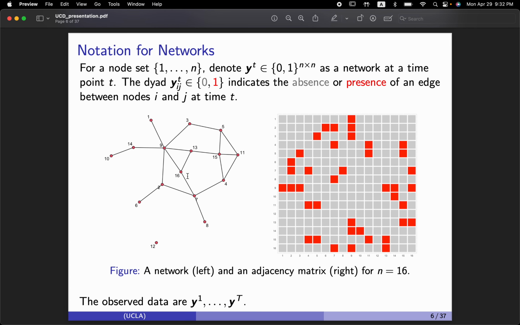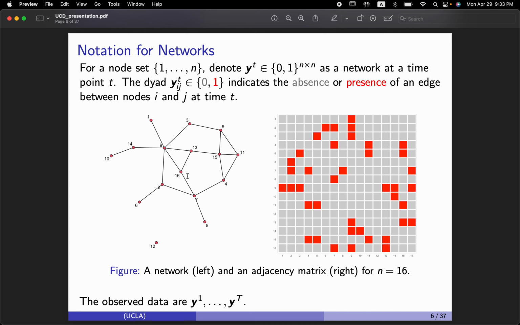First, let's introduce some notation for networks. For a node set from 1 to n, let's denote Y_t, a binary n by n adjacency matrix, as the network at a time point t. The entry Y_tij in 0 or 1 indicates the absence or presence of an edge between node i and node j at time t.